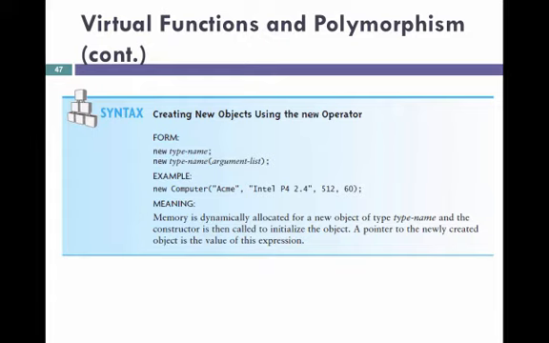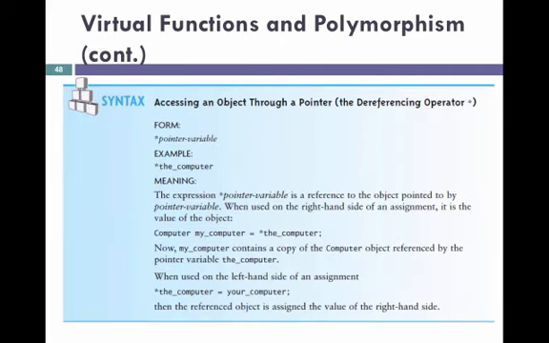And this new operator means memory is dynamically allocated for a new object of this type, the constructor is called to initialize the object, and the pointer to this new object is the return value of this expression. So new returns a pointer to an instance of this type.